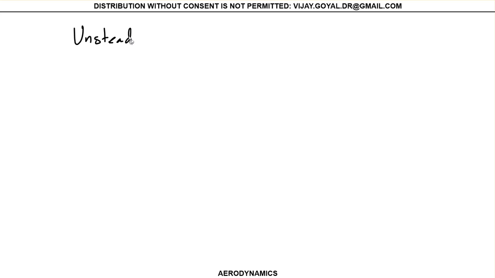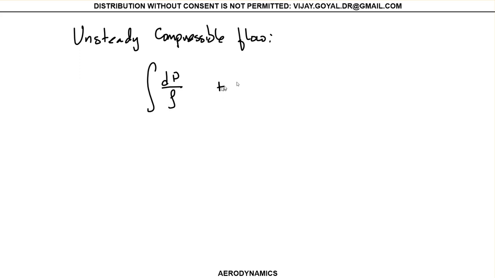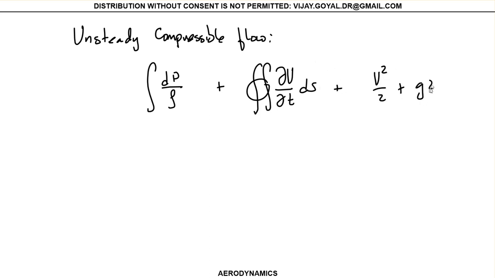Okay, so if there was the case in which you had unsteady compressible flow, then you can take the integral of dp over rho plus the integral of the partial of v with respect to t over the area, plus v squared over 2 plus gz is equal to a constant.